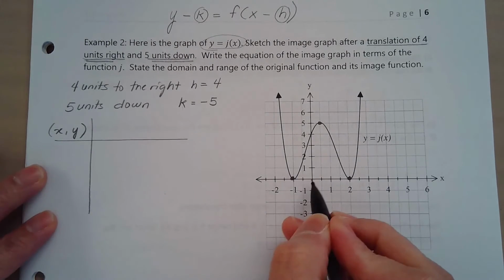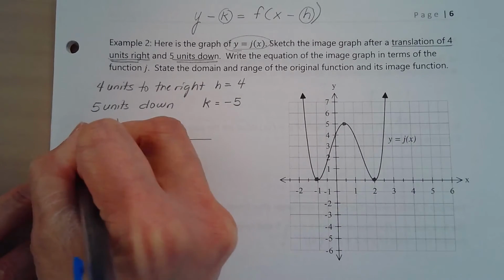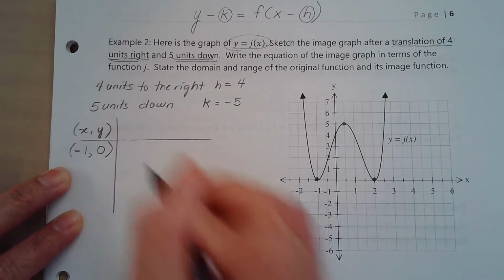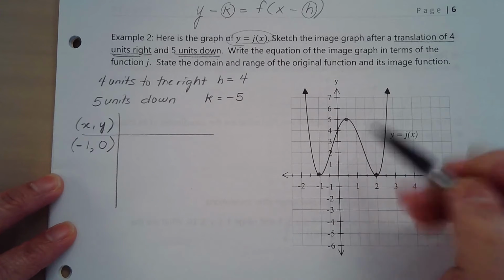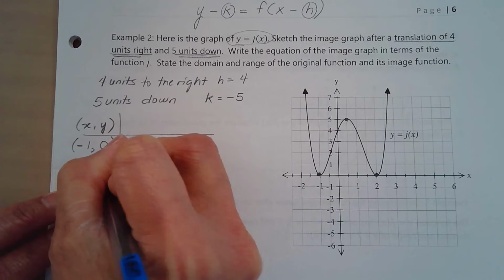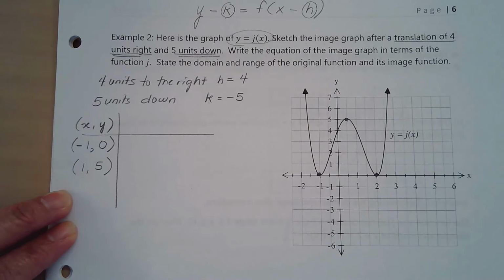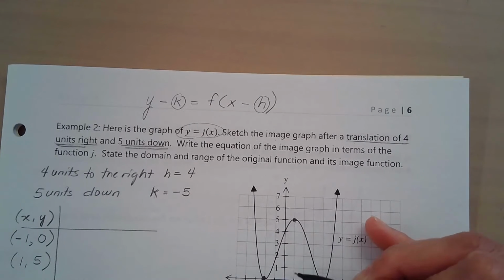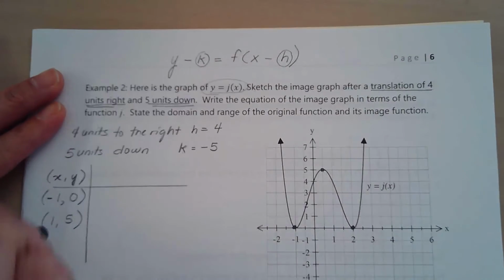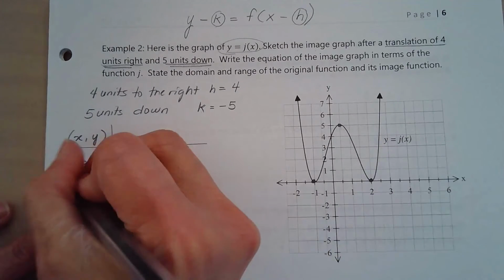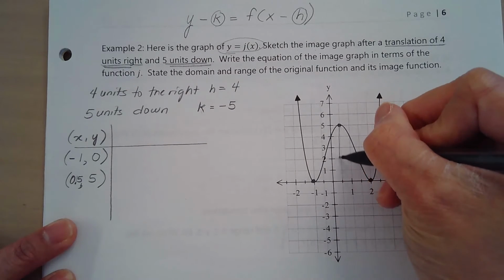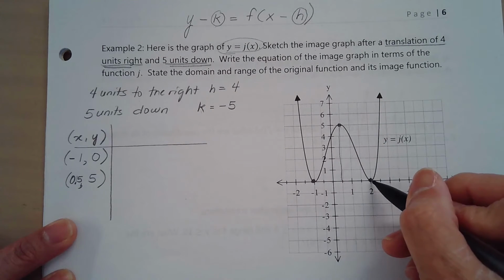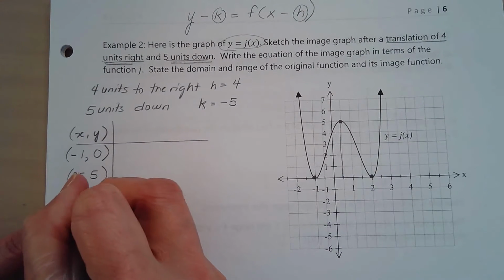So this one here is negative 1, 0. This point here is 1, 5. Oh yes, 0.5. Right, thank you. So it's 0.5, comma 5. And then this one is 2, comma 0.